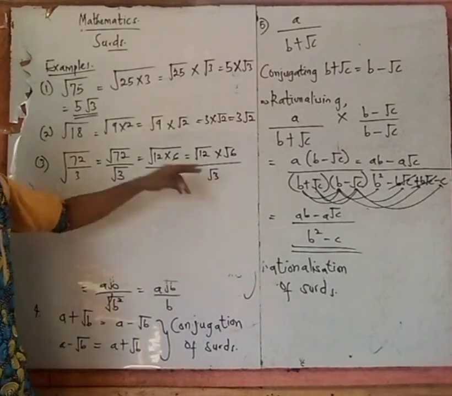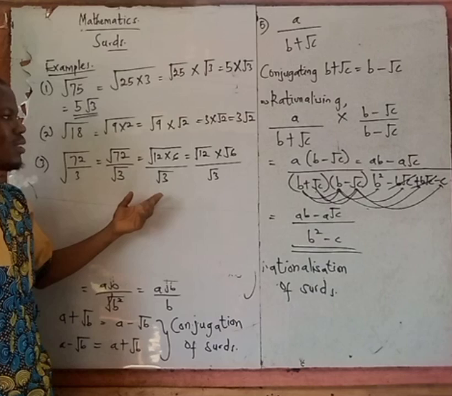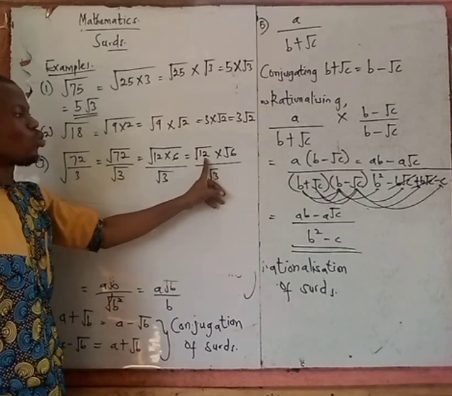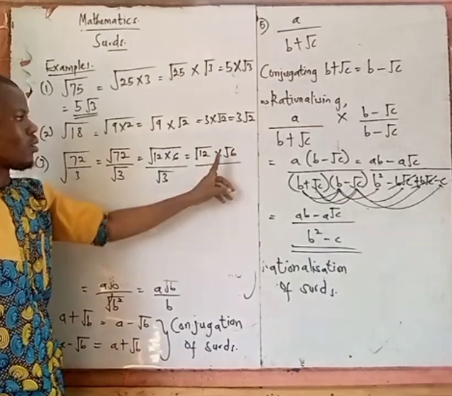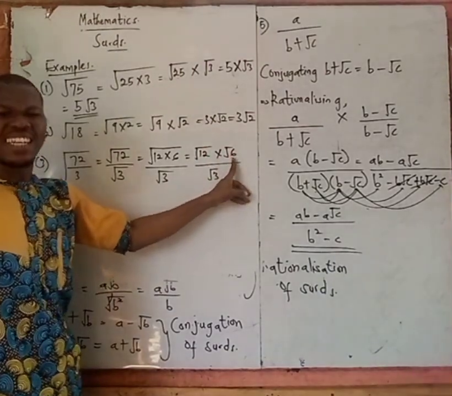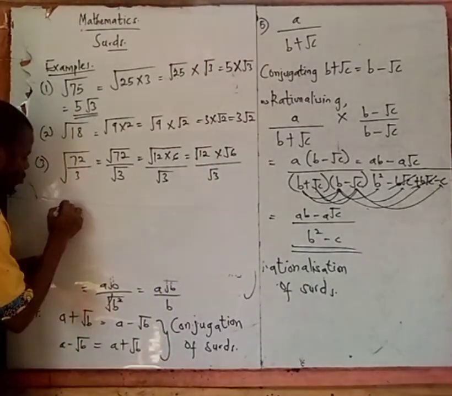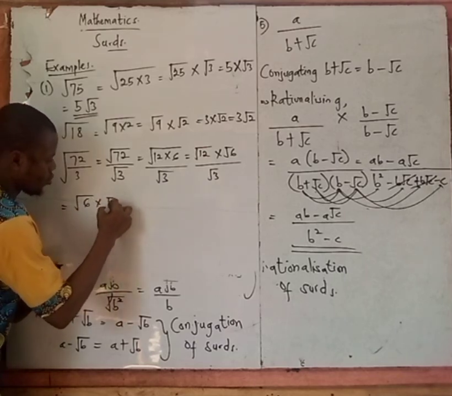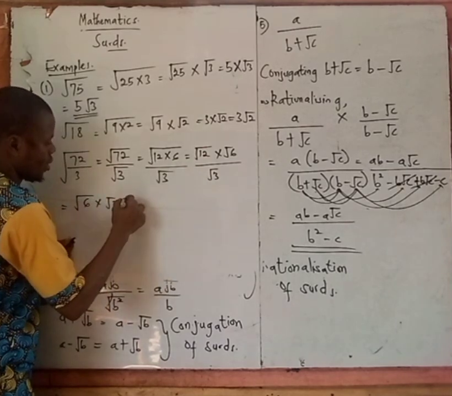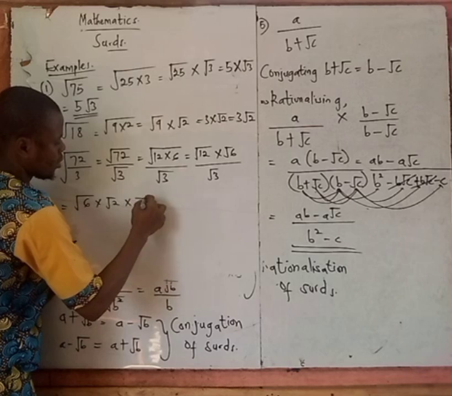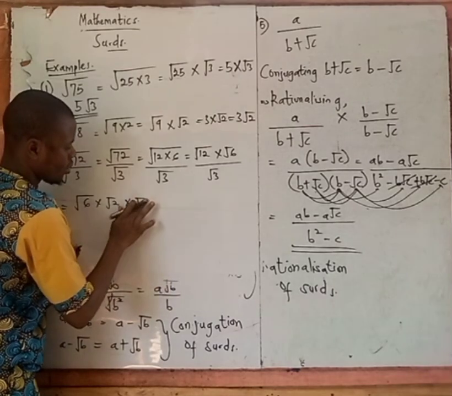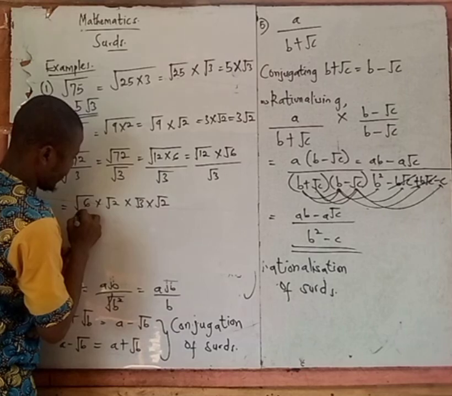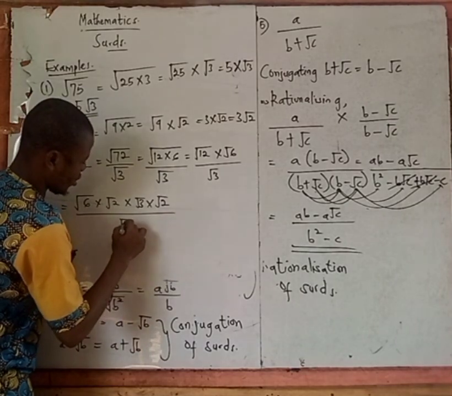So for this one, consider that there's nothing common here, although we can further simplify root 12 as root 6 times root 2. We can write root 6 as root 3 times root 2. So we're going to have root 6 times root 2, that is for 12, then root 3 times root 2 divided by root 3.